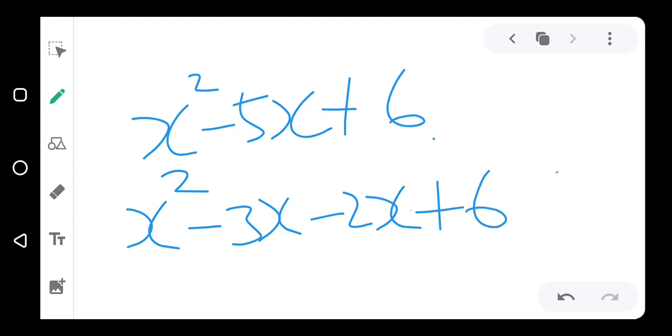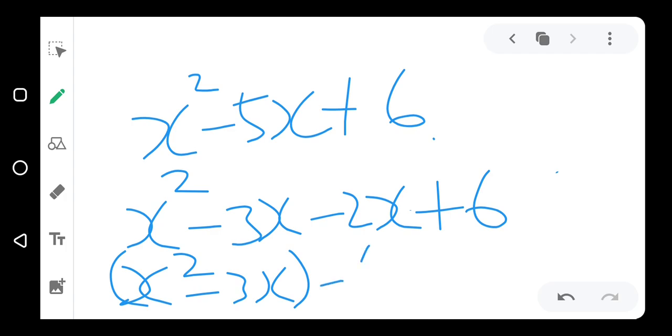We have removed the 5x. Now this is going to give us x raised to the power 2 minus 3x, then minus bracket 2x plus 6.